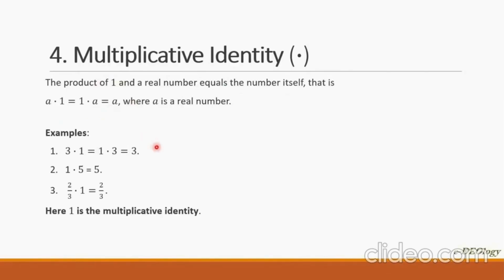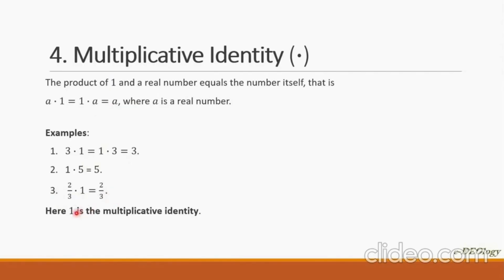Example number 1, 3 times 1 will be the same with 1 times 3, and the answer will be 3. Example 2, 1 times 5 equals 5. Example 3, 2 over 3 times 1 equals 2 over 3, or 2/3.